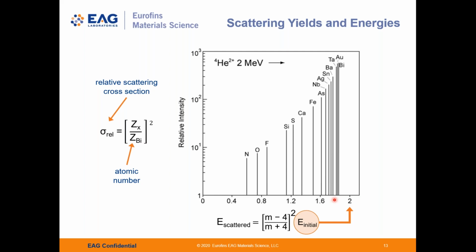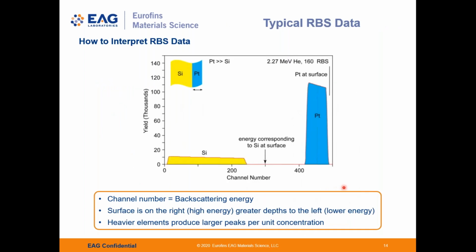The next slide is our first example of an RBS spectrum: a platinum metal film of thickness about 1,000 angstroms deposited on silicon. The horizontal axis is the backscattered energy, and the vertical axis is the yield of backscattered particles at that energy.